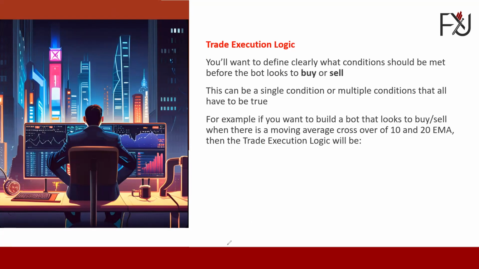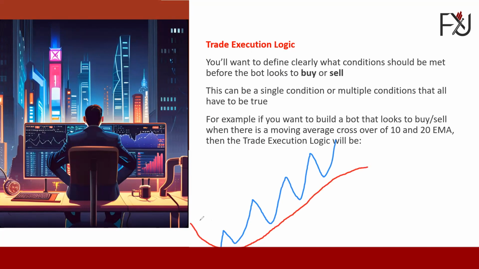So the whole idea is, in a bullish market, price tends to go up like so. And if we place moving averages, they would most likely be below price. So in a bullish market, you have the moving average below price. Now, the market doesn't stay in a single condition.